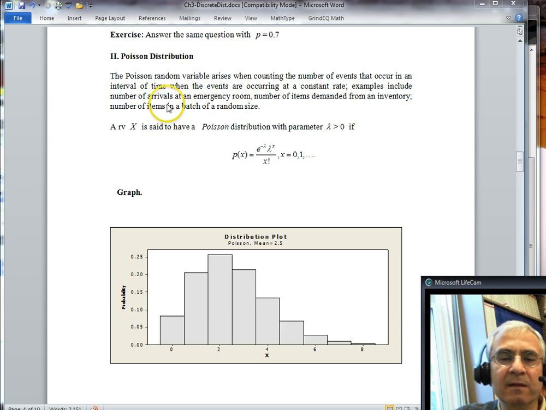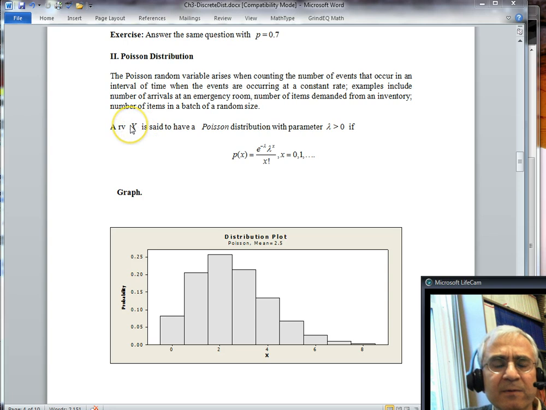Examples of that are arrivals at an emergency room, number of items demanded from a store shelf or an inventory, number of items in a batch of random size, number of arrivals at a bank teller system. Other examples, number of accidents that involve alcohol, and so on. So these would be examples of a Poisson distribution.